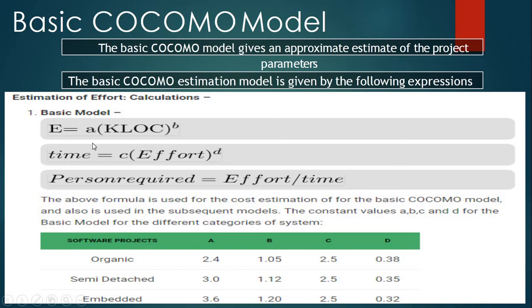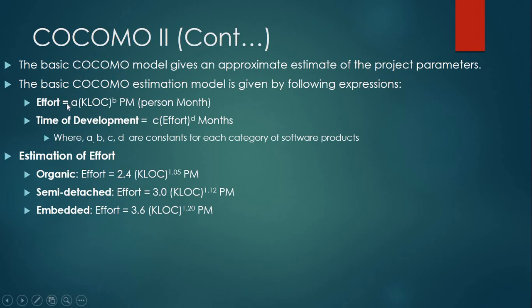So these are the basic calculations for estimating effort, time and persons required. Effort is A KLOC raised to B, and time is C into effort raised to D. Time is in number of months, and effort is in person-months.